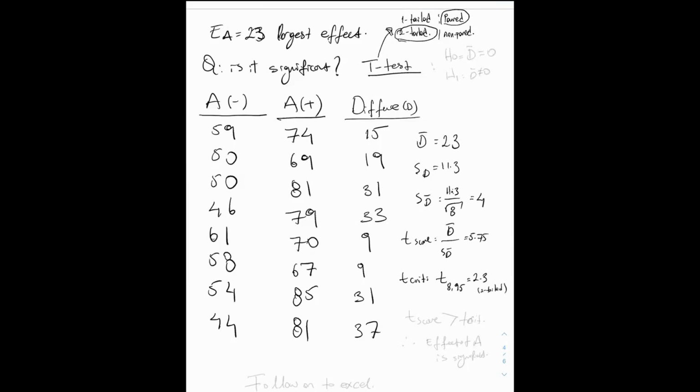Okay, and in that case, I will say that my t-score was larger than T critical, so that means the effect of A is significant.